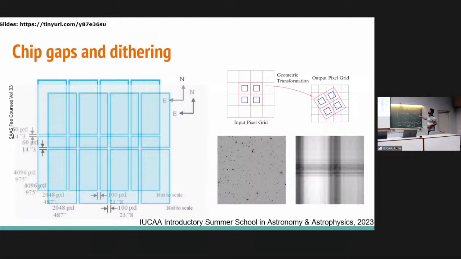So you take this input pixel grid and this output pixel grid, and now redivide all the photons that you got in this pixel onto this output pixel. Once you have done this, you have for each image the flux that you would expect in this output pixel. Once you have that, you do this for multiple images. Now it becomes easy to stack, because you can directly sum the flux coming in this pixel, the other pixel, and the other images.